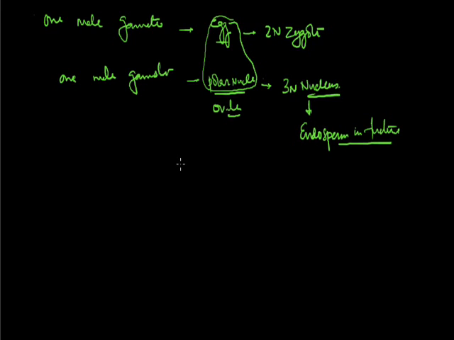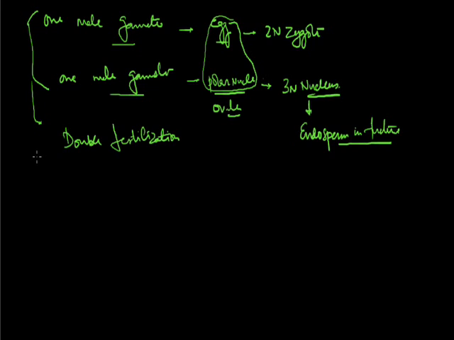The process of fusion of one male gamete with the egg and the other male gamete with the polar nuclei, taken together, is called double fertilization.